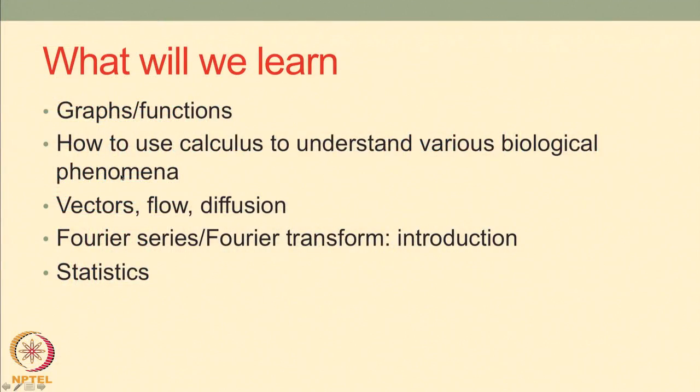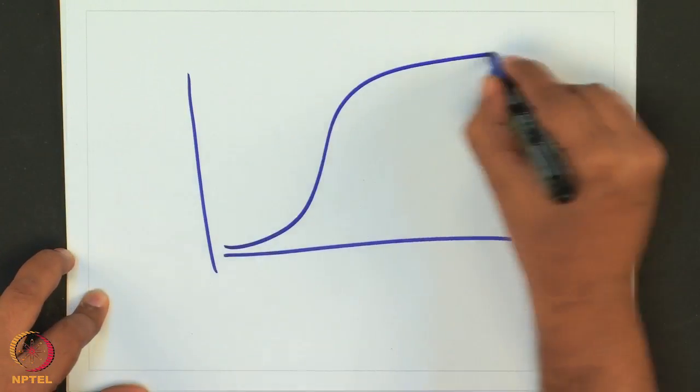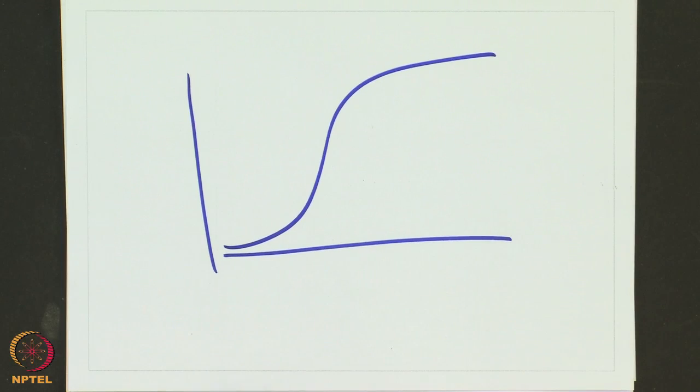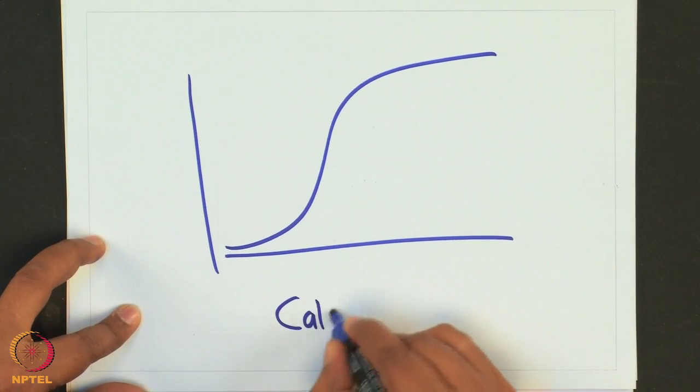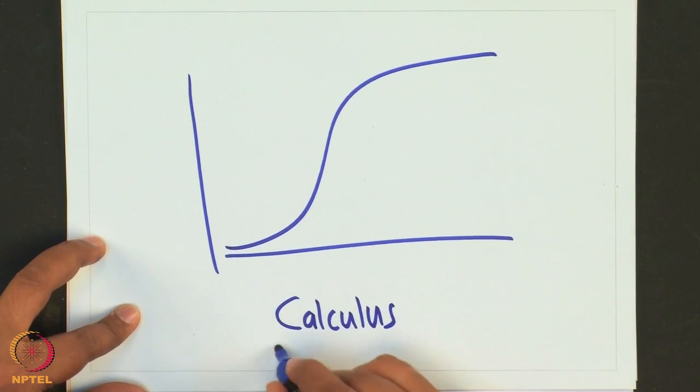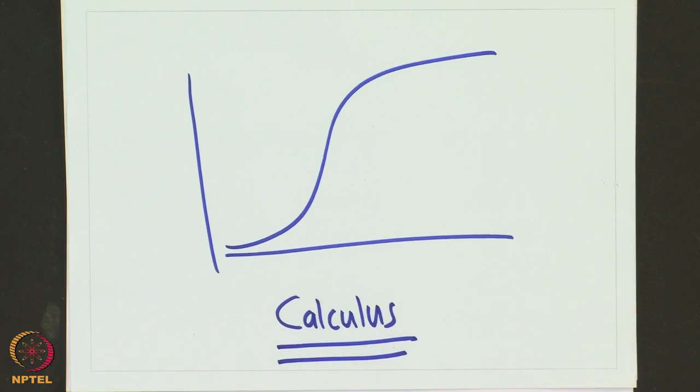Second is, of course, how to use calculus to understand various biological phenomena. So many phenomena like growth, the growth curve, which every biology student would learn, and there are various curves, the growth curve being a classic example. Understanding these curves is very much related to this branch of mathematics called calculus. This is an important thing to understand, and understanding it would change a lot of things.